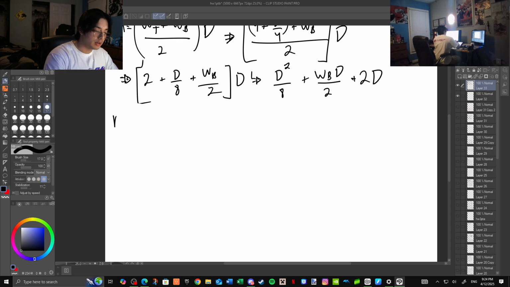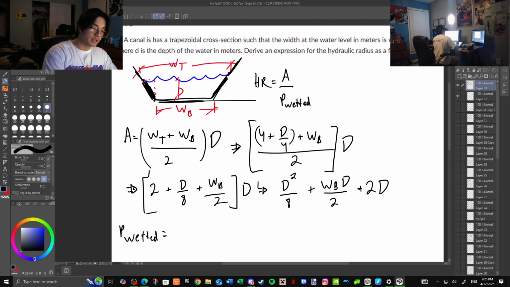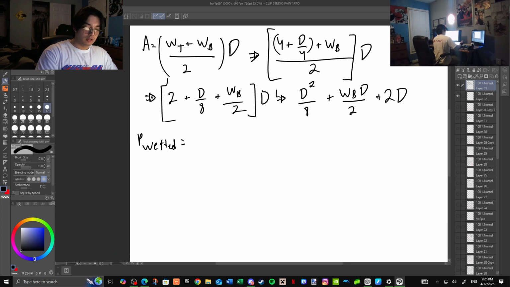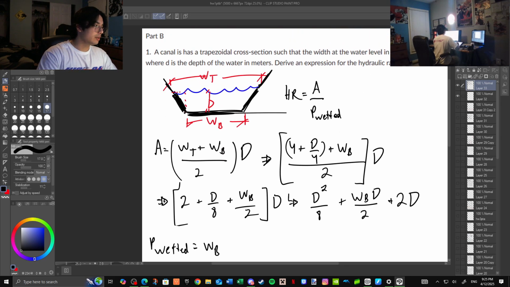So now we need to find the wetted perimeter. The wetted perimeter is just these two sides plus the bottom part of the cross section. We'll put the width for the bottom already, but we need to find these two lengths right here.